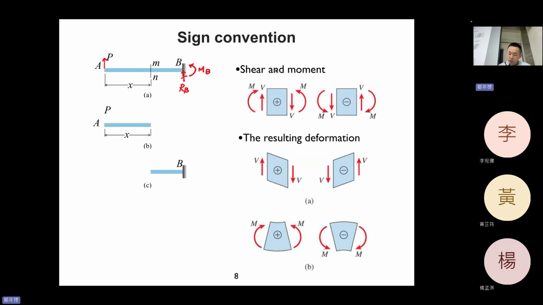The values of the shear and moment will change at different points, at different X. So we just need to know what value each point in that beam has. As usual, if we want to see the force at that point, we just cut it.